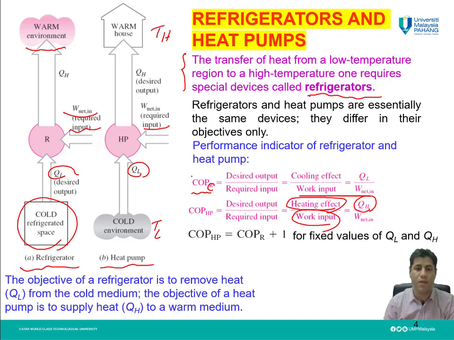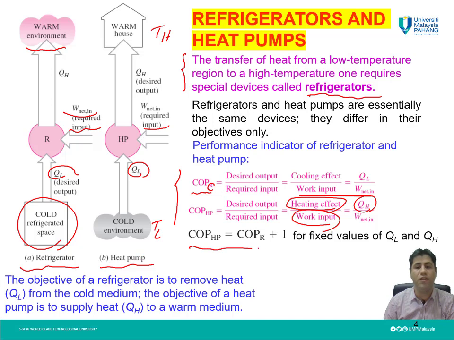So by these two equations we can calculate COP for a refrigerator or heat pump. As I said, we are talking about these two devices at the same time because the working principle is the same, and only the scope of application of these devices is different.